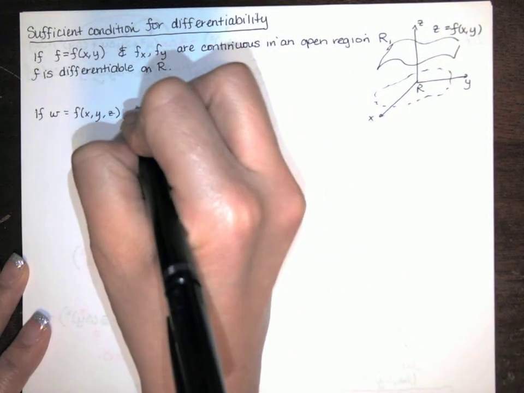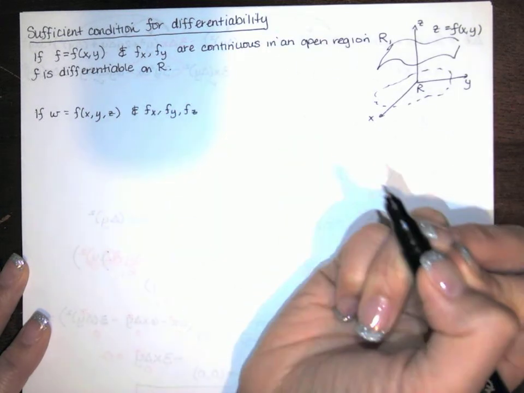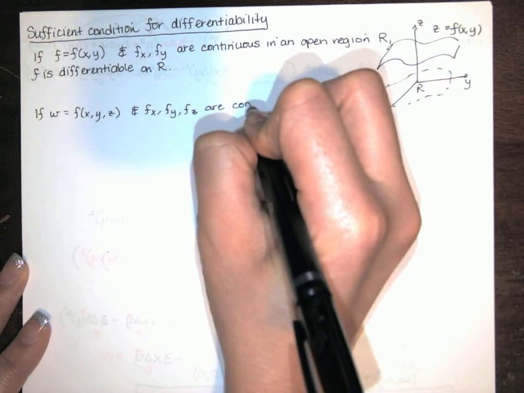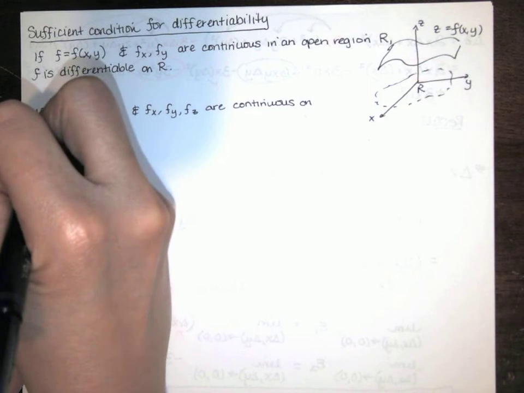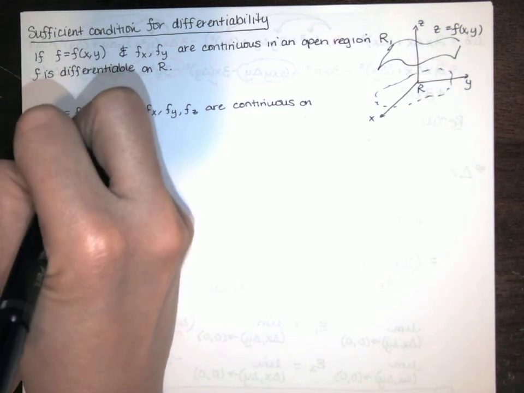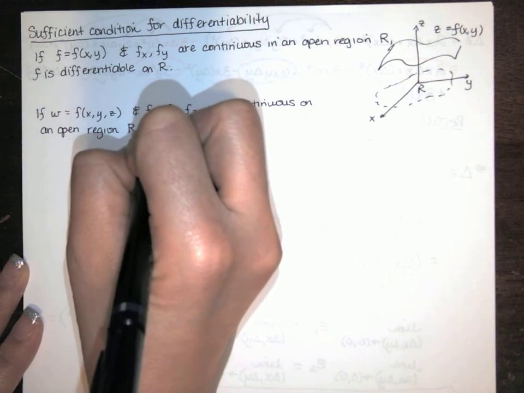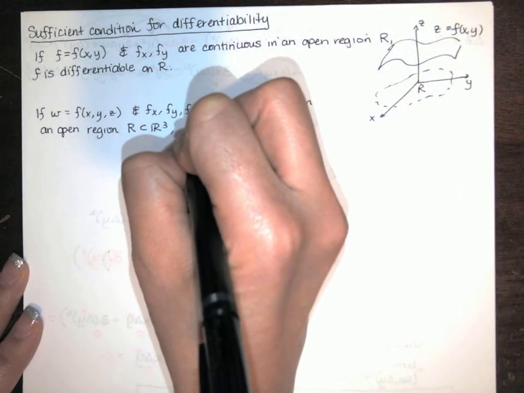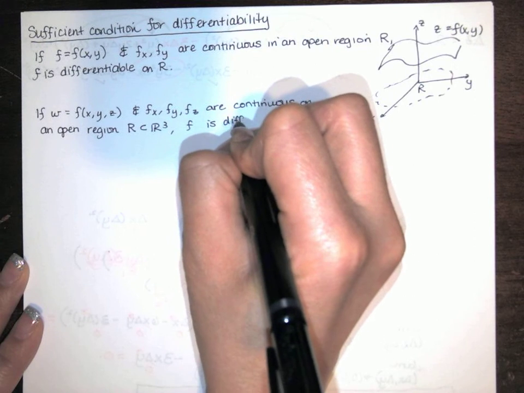If w is a function of three variables and all three first partials are continuous on an open region R, and this time, because our function is a function of three variables, R is a subset of three-dimensional space, then this time this function f is differentiable on R as well.